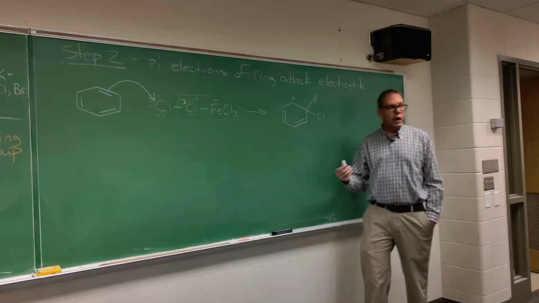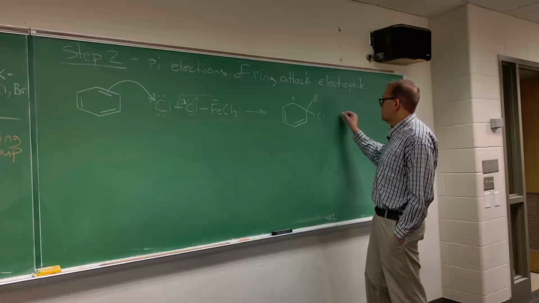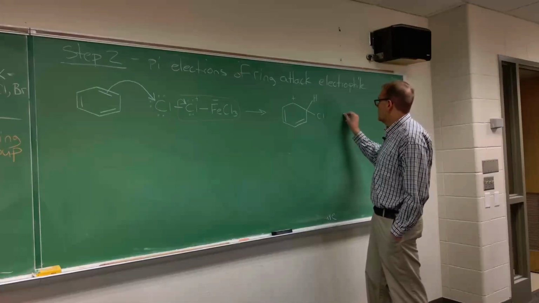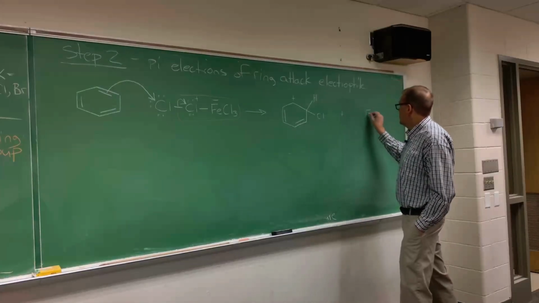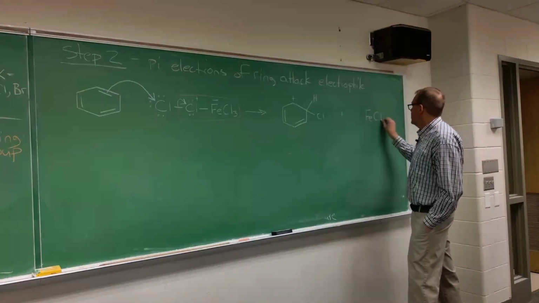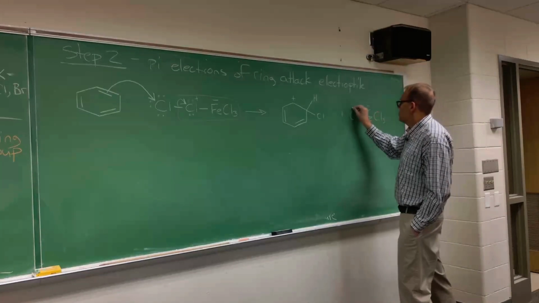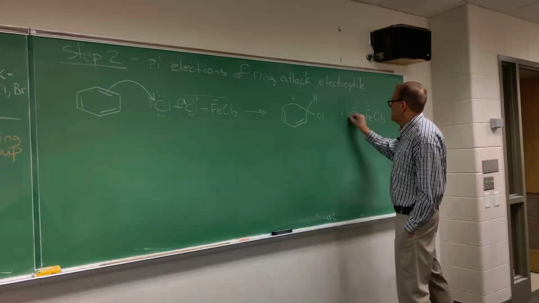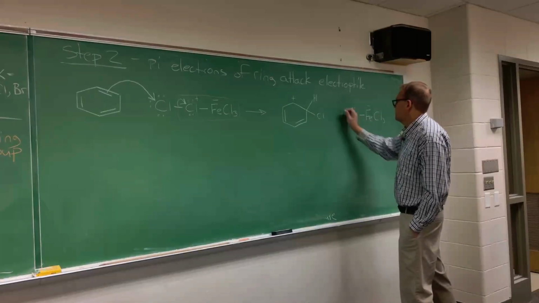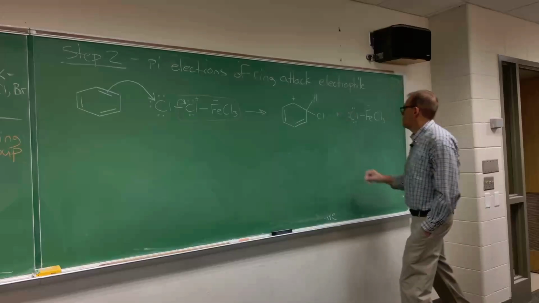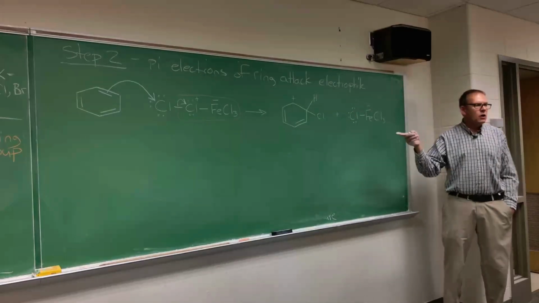And there's a counter ion that's here, which is the iron that has those 3 chlorines attached, and it just got a new chlorine attached to it and a formal minus charge. So that's the non-aromatic intermediate.